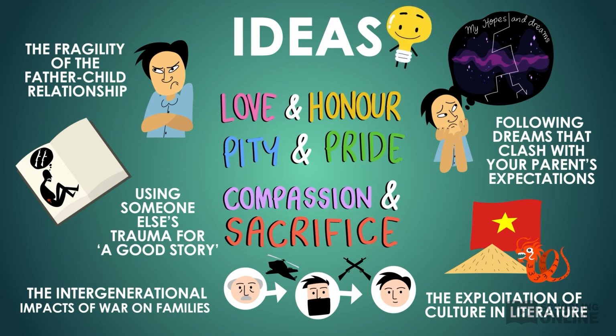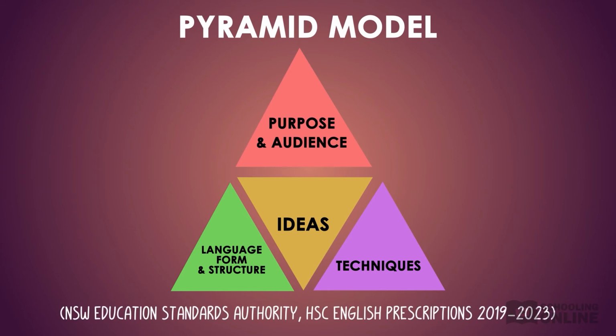These are complex ideas. Perhaps you might like to explore one of them in your own writing. So now we know what Lee's main ideas are. What does he do with them?